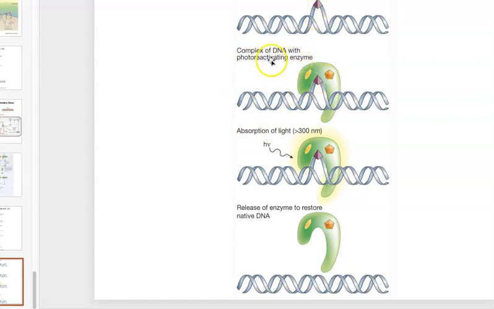There's a photoreactivating enzyme that recognizes that. Typically, it's called photolyase, L-Y-A-S-E. The photolyase recognizes this damage, and as long as there's the appropriate wavelength of light, will absorb that light, become active, and cut that lesion out, and then restore the original structure of the DNA.